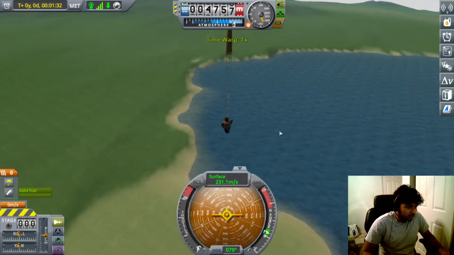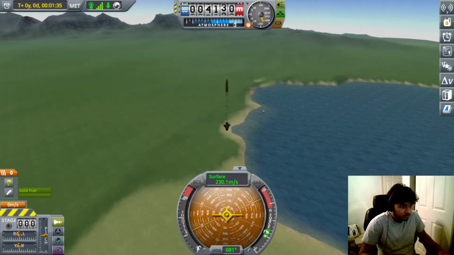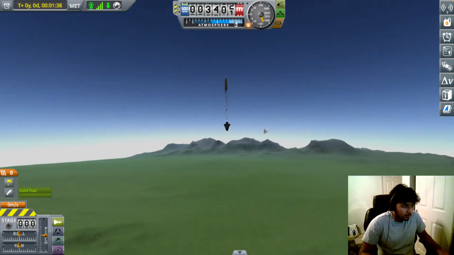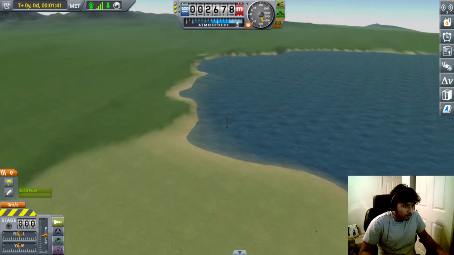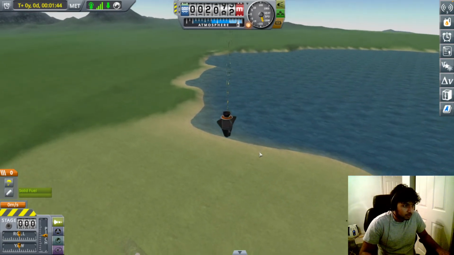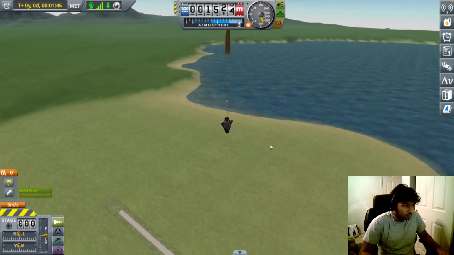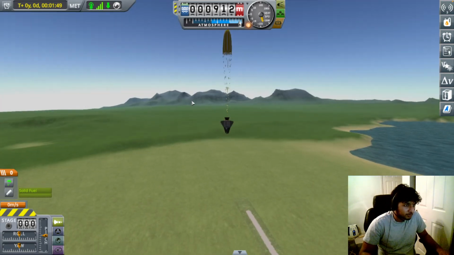See here, so C takes me back to this view. We are coming down. Just let the nav ball go away. We're coming down fast. Are we gonna get parachuted?